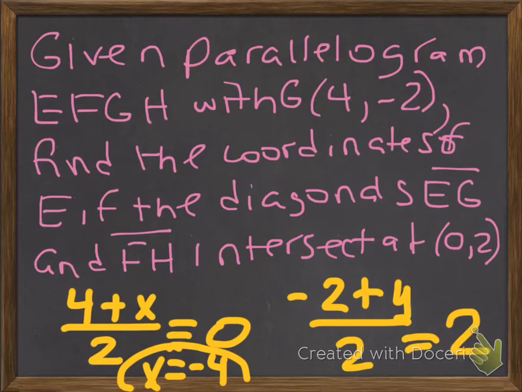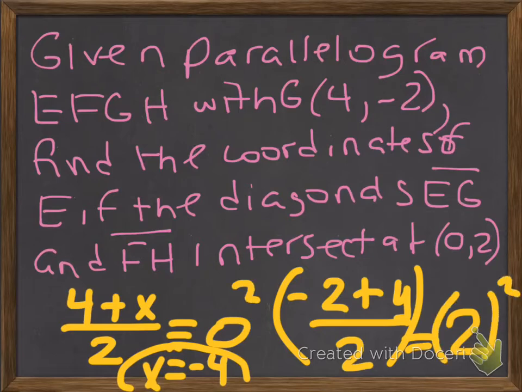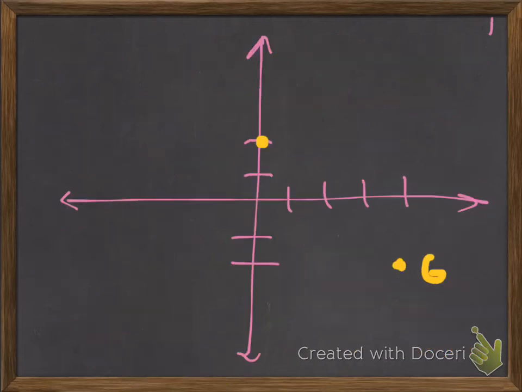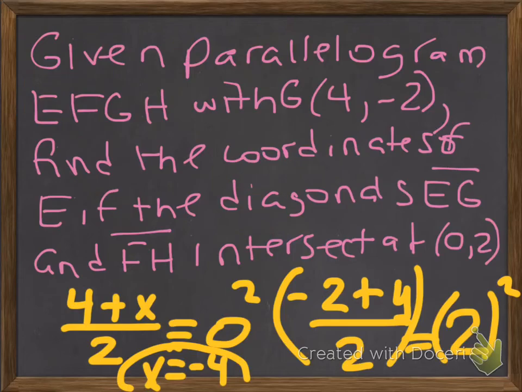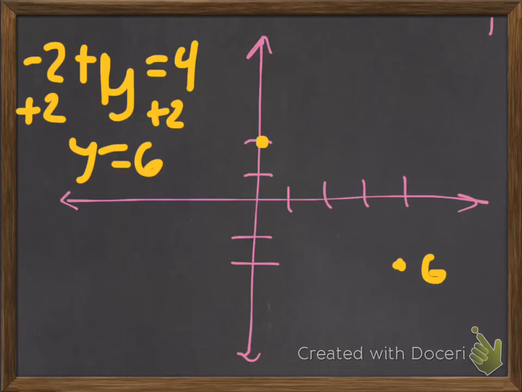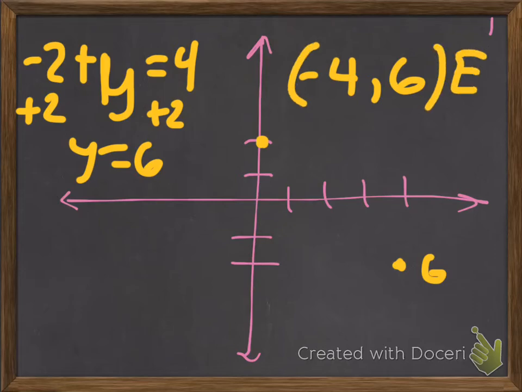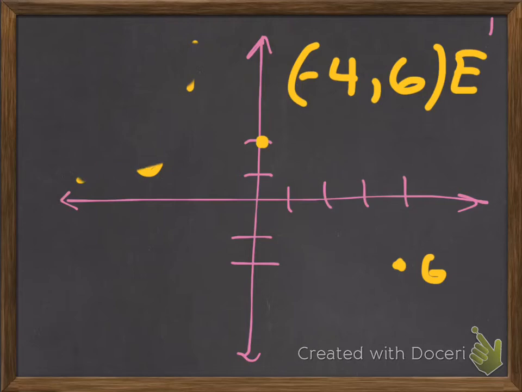And then we multiply by 2 here, we get 4, and that gives us negative 2 plus y equals 4. So solving for y, we get y equals 6. So that would be my other point, negative 4, 6, and that would be E. And as I said before, E is going to be on the top left.